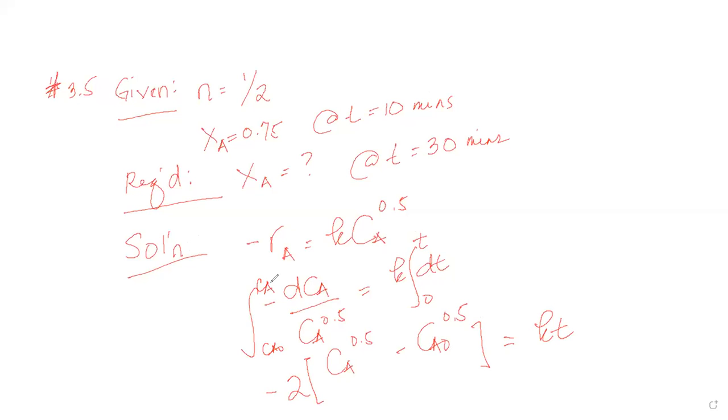Now, since we are given conversion XA, there's a need for us to convert here the CA in terms of XA. So we'll go to our next slide. So we'll have negative 2. I'll change my CA to CA0(1 minus XA), and it being raised to 0.5, so this should also be raised to 0.5.